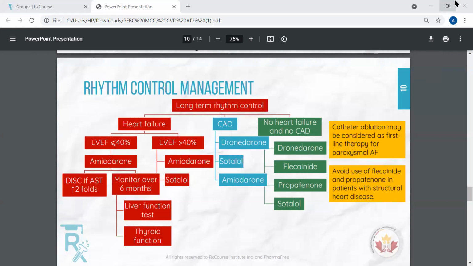If the left ventricular ejection fraction is 40% or more, my preference right away is amiodarone. Amiodarone, if the left ventricular ejection fraction is 40 or less, which is left ventricular congestive heart failure with reduced ejection fraction.